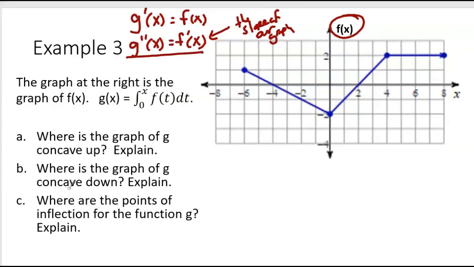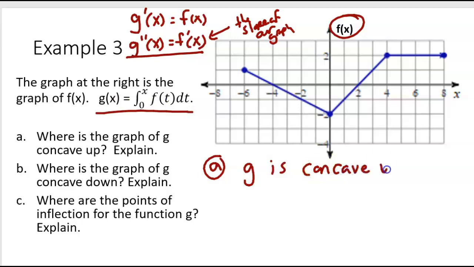So let's go ahead and take a look at part A here. Where is the graph of g concave up? Well, g is concave up when g double prime is positive. Now, a shorter way of saying is positive, if you want, is just to put greater than 0.